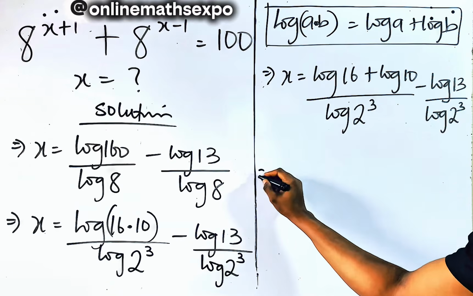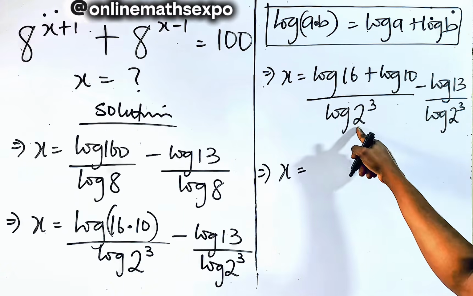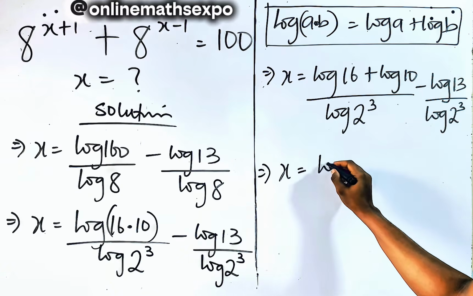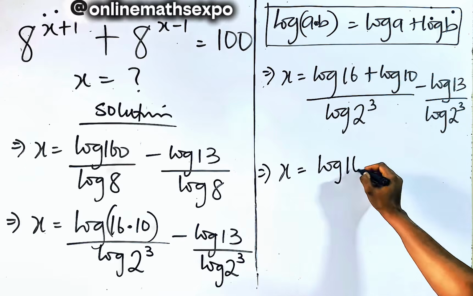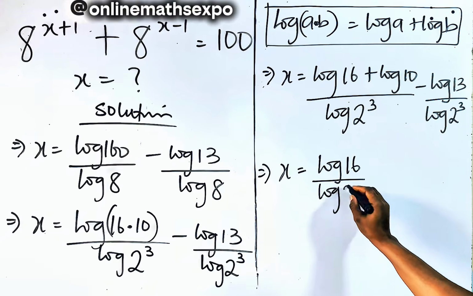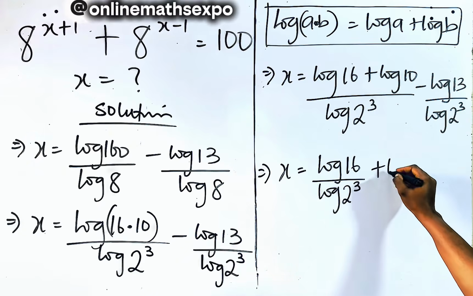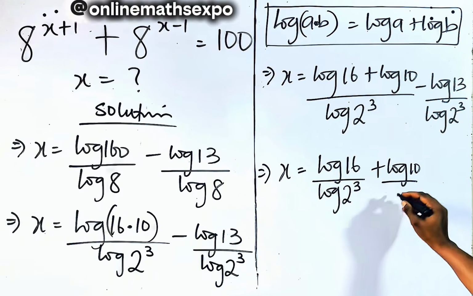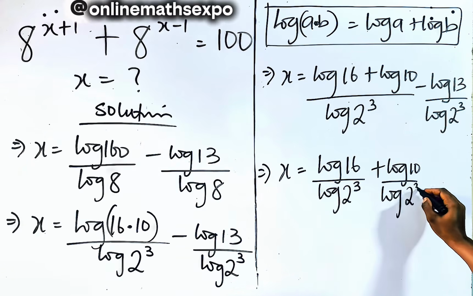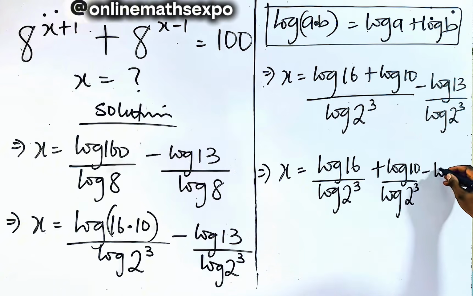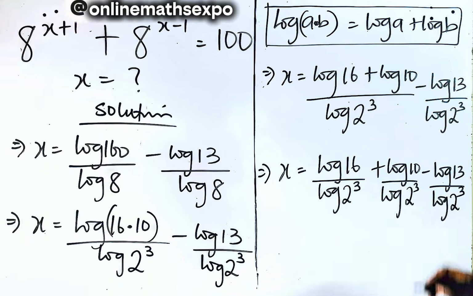So we keep simplifying. x is equal to, use this to divide each. So we have log of 16 divided by log of 2 to the third power plus log of 10 divided by log of 2 to the third power minus log of 13 divided by log of 2 to the third power. Now we keep simplifying.